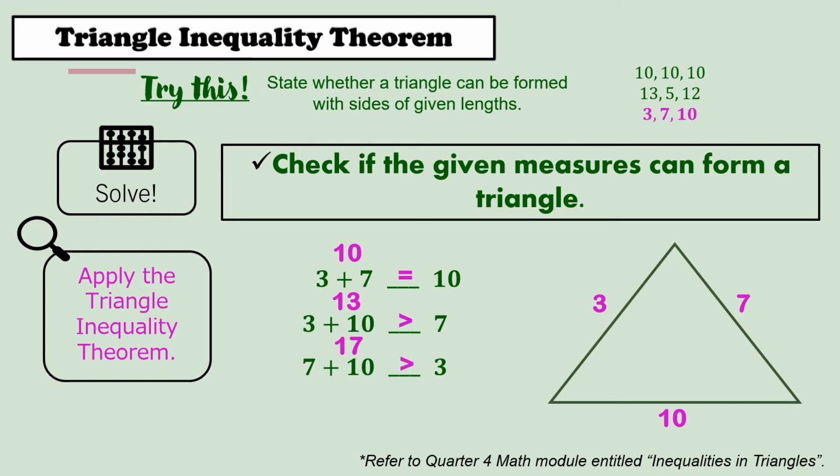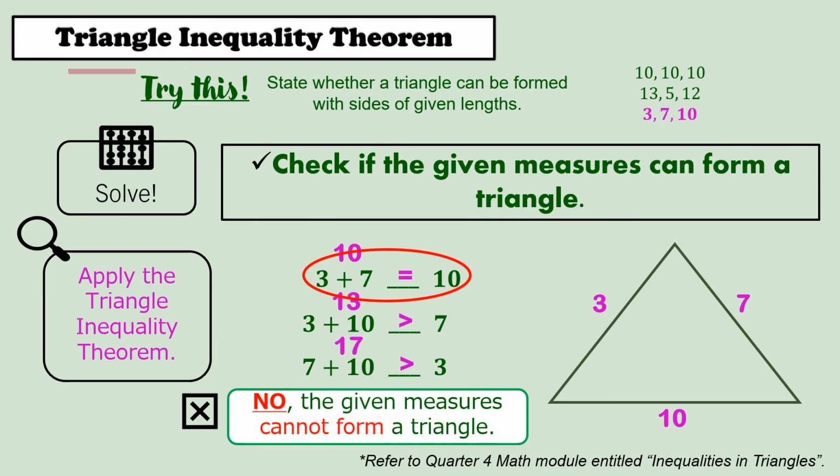Looking at the statements we have created, we find that the first statement, 10 equal to 10, does not satisfy the triangle inequality theorem, since the sum of the measures of the two sides is not greater than the measure of the third side. Thus, we say that no, the given measures 3 units, 7 units, and 10 units cannot form a triangle.